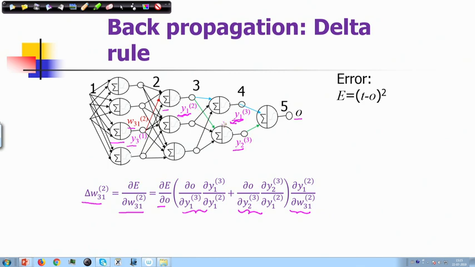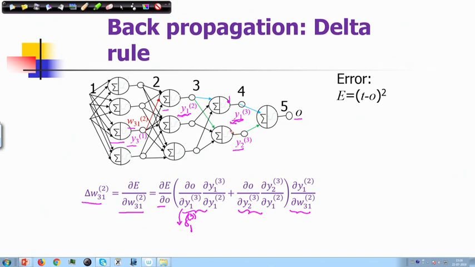Suppose we know the gradient of output O with respect to y13, and we call that value delta 1 3. That means this is the accumulated gradient till this point, till the output of the first neuron of the third layer, and we denote it in this fashion.